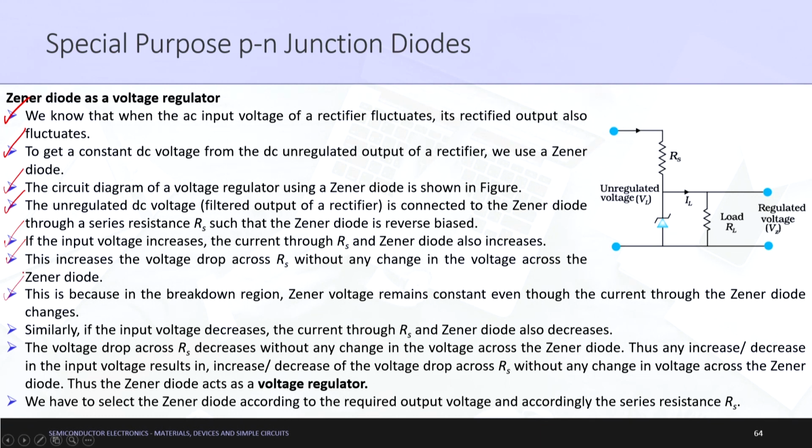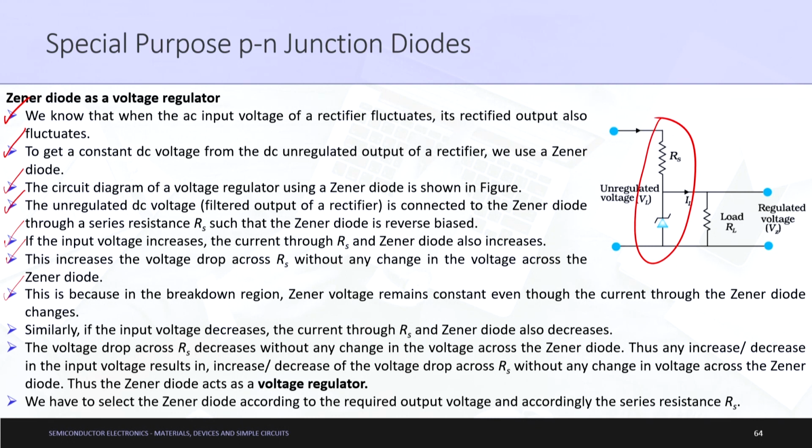This is because in the breakdown region Zener voltage remains constant. So, we know that the Zener voltage remains constant, therefore, even with the increase in the voltage value, the voltage across this Zener diode will always remain the same. Why are we in the breakdown region? Because the configuration of the series resistor and Zener diode is such that the Zener diode is acting in reverse bias condition.